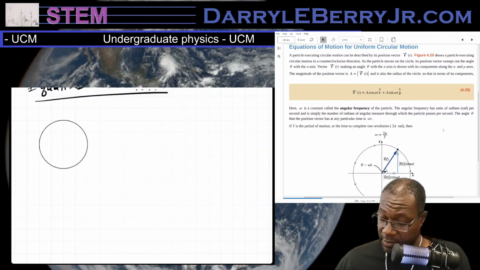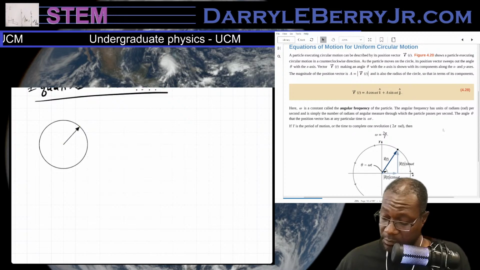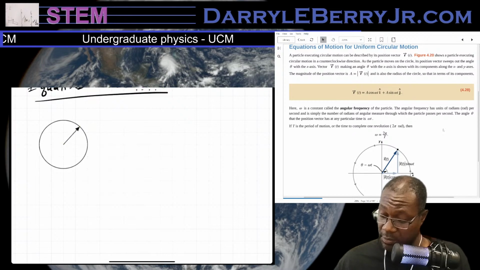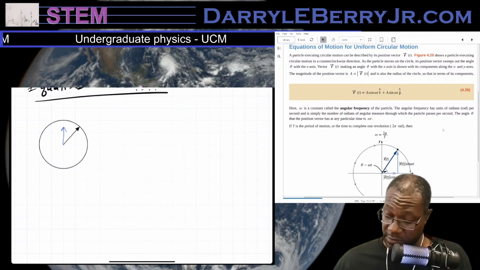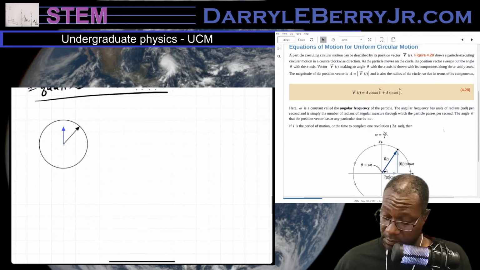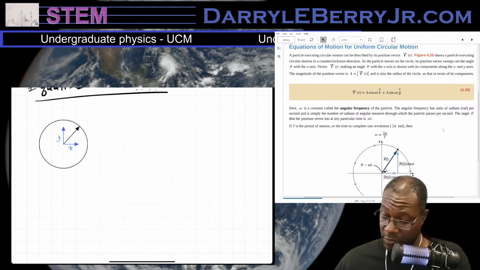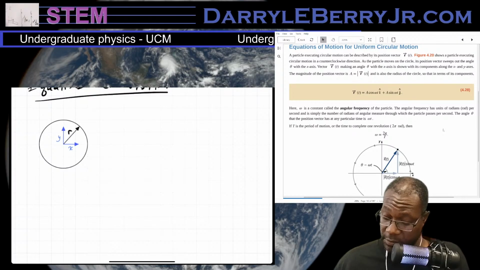So we have a vector here, and it has two components. It's making an angle with the x-axis.